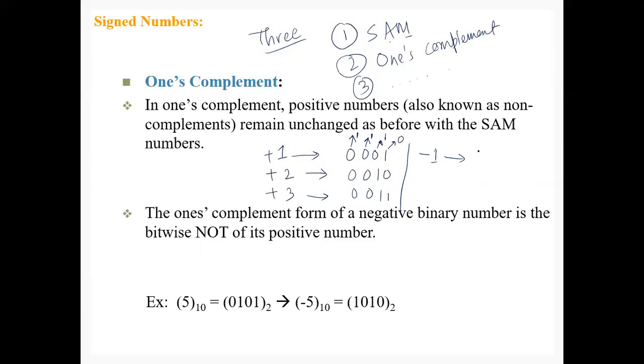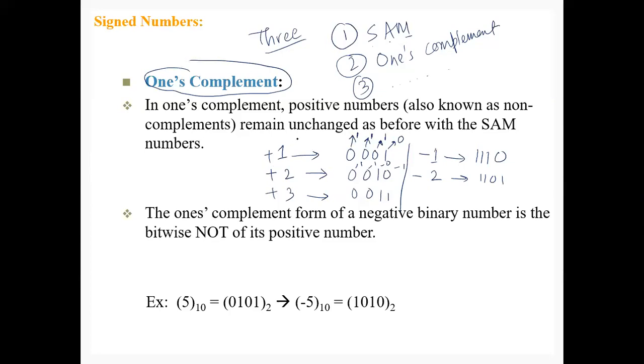So your negative 1 will be represented by 1, 1, 1, 0. How about negative 2? 0 becomes 1, 0 becomes 1, 1 becomes 0, 0 becomes 1. So negative 2 is represented by 1, 1, 0, 1. This is how you represent negative numbers in 1's complement form.